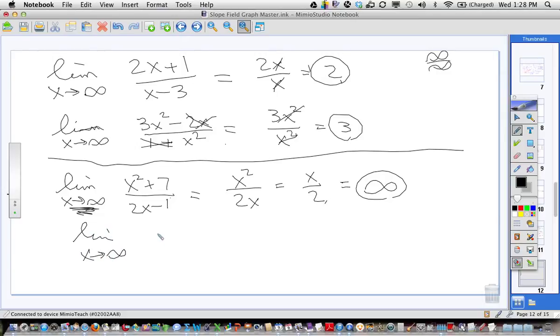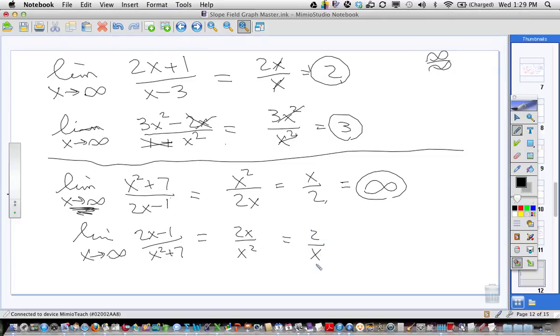Let's make it 2x minus 1 on the top, and let's make it x squared plus 7 on the bottom. What's that going to be? Well, we could go through the same thought process we did on this one. High powers dominate, right? So on top, it's going to be 2x. On the bottom, it's going to be x squared, which is 2 over x.